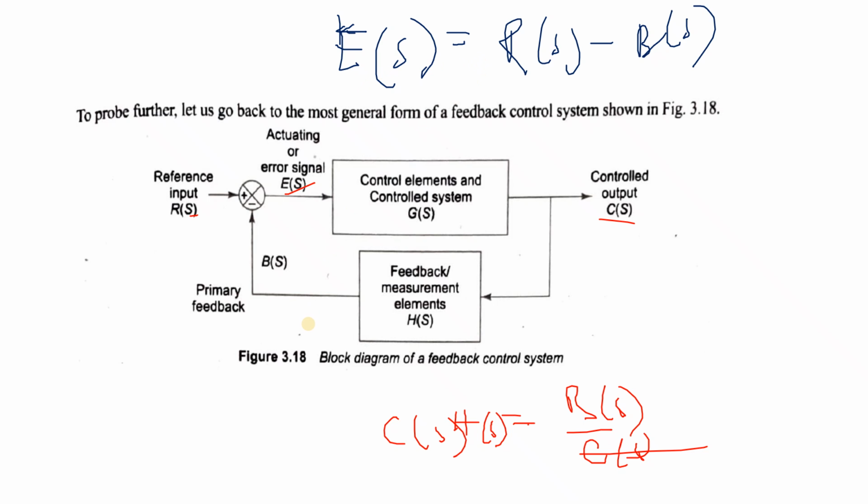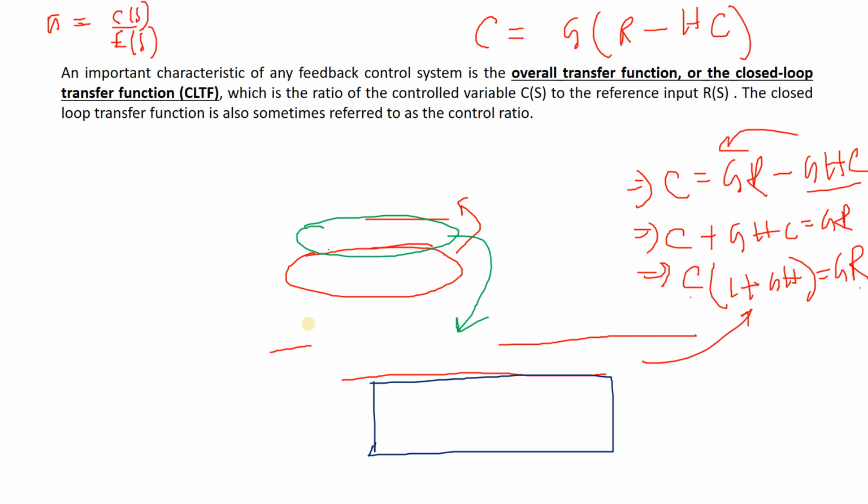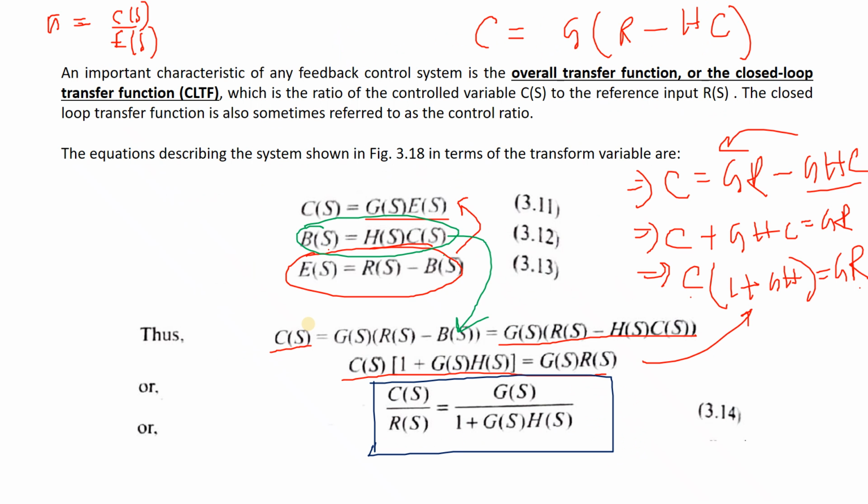It may happen that ES equals RS plus BS. That also can happen. But for this case, it is RS minus BS. So have you understood this derivation? If you have any question, you can ask. Any questions from your end?